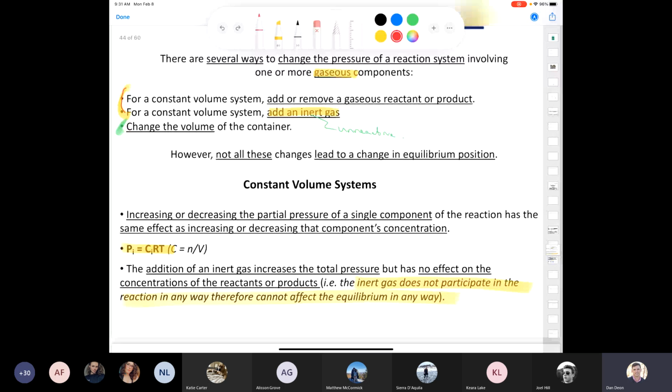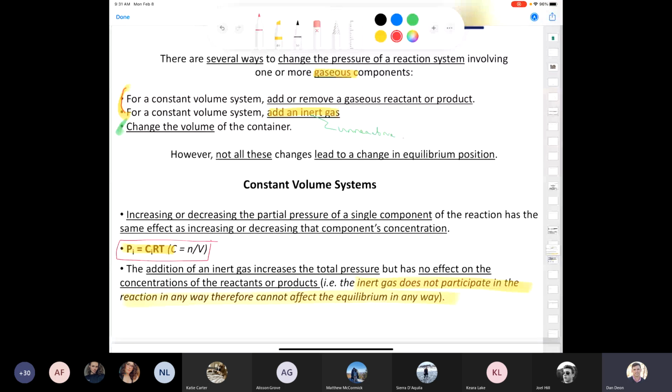It says constant volume systems. It says increasing or decreasing the partial pressure of something in a reaction has the same effect as increasing or decreasing concentration. And we already talked about that in detail, right? We looked at that a lot last class. And if you're wondering, how do I know that pressure and concentration are directly related? Well, that comes straight out of PV equals nRT, right?